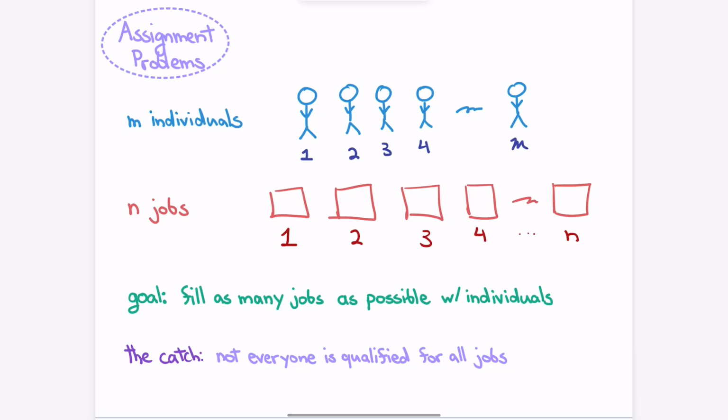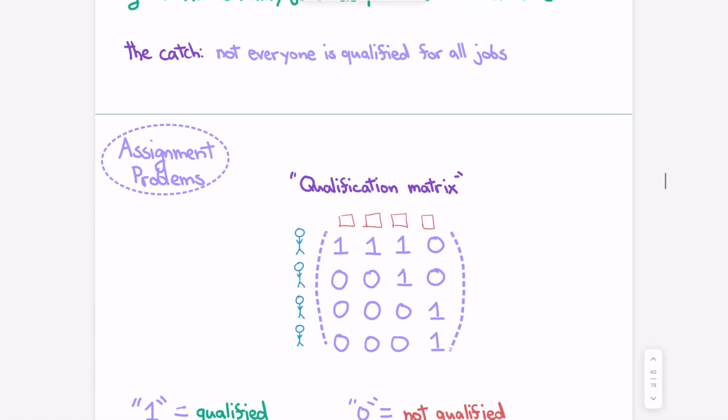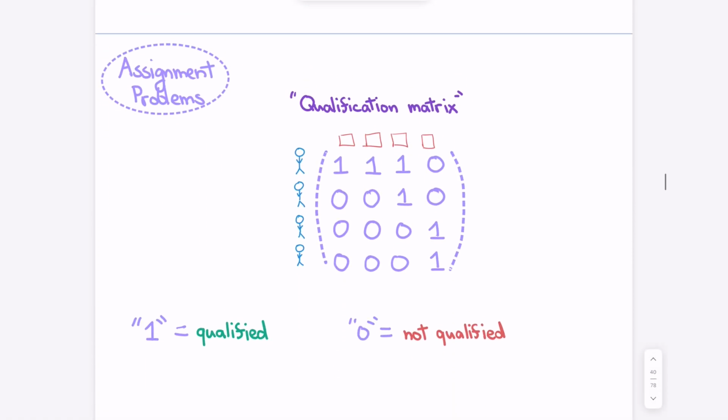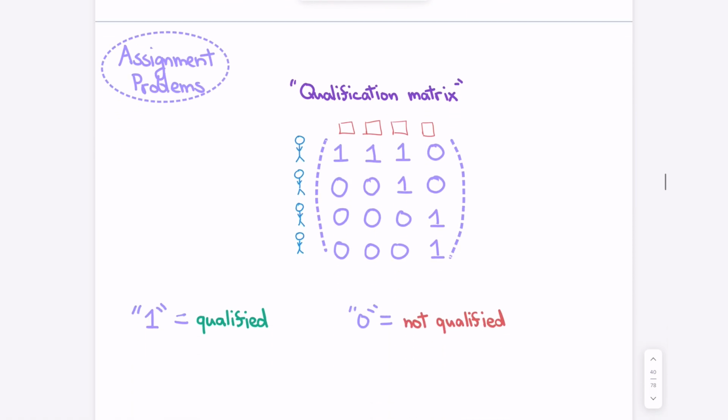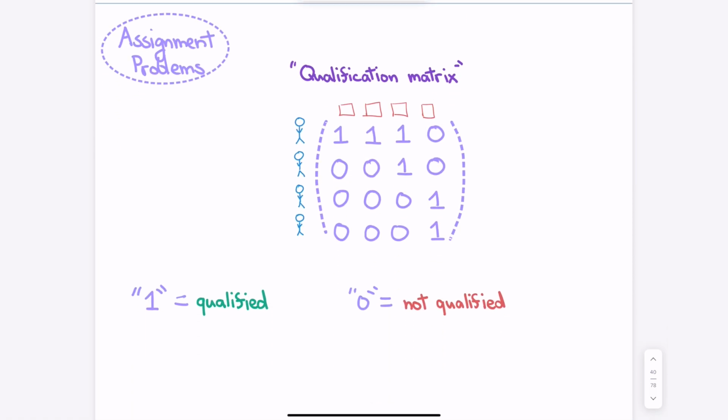All right, the assignment problem. So your input's really some kind of matrix, and your goal is to try to fill as many of the red cubicle jobs as possible with individuals.